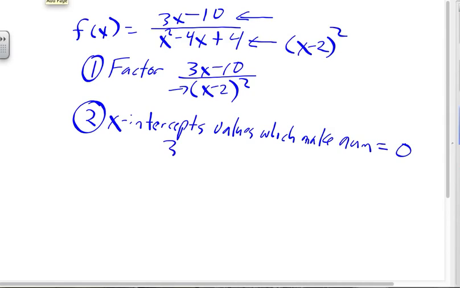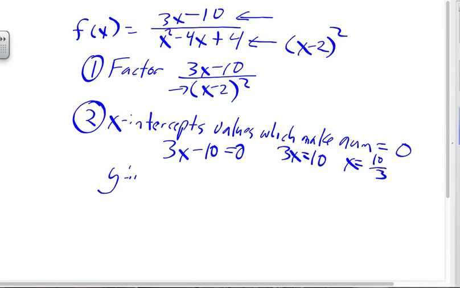We just want to find x-intercepts where the numerator is equal to 0. So we take our numerator and we solve it. 3x is 10, so x is 10/3, or about 3 1/3. Okay, now we need to find our y-intercept, which is where x equals 0. So I plug x equals 0 into both the top and the bottom.